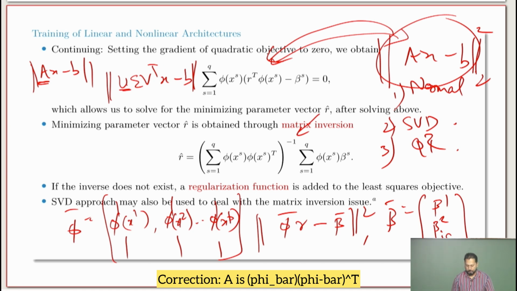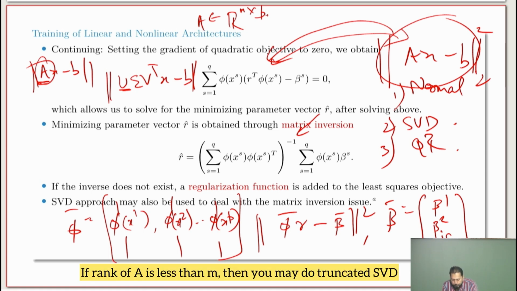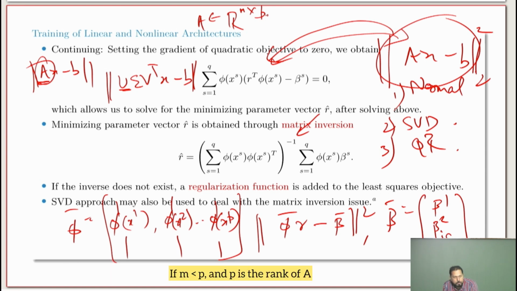You may have to do some adjustment depending on A, because if you do this SVD for A, and A in this case is m by p, then if you do the truncated SVD, U will be m by p, sigma will have p singular values, and V transpose will be p by m.